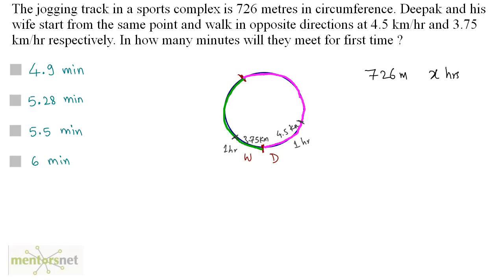Right. So which means that in 1 hour they are 3.75 plus 4.5 kilometers apart. Now this is basically a direct proportion because distance is directly proportional to time. We can take the ratio and equate.